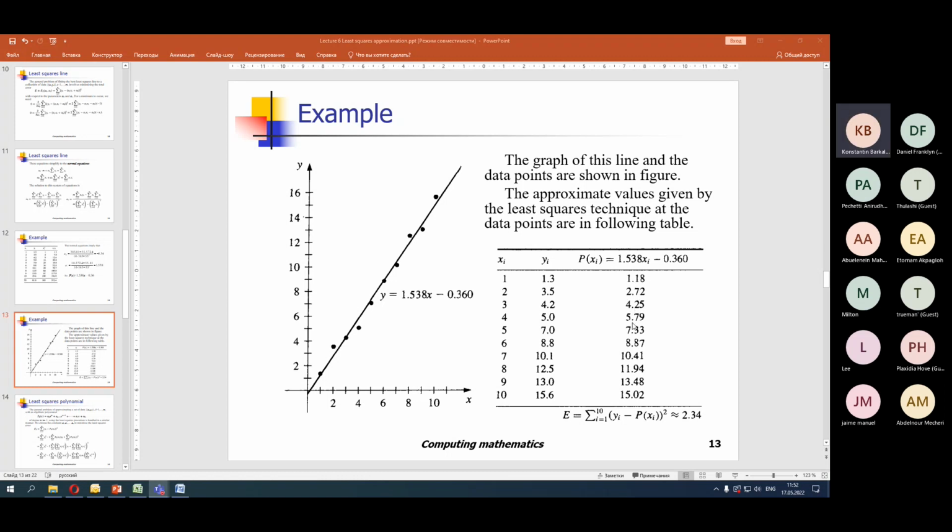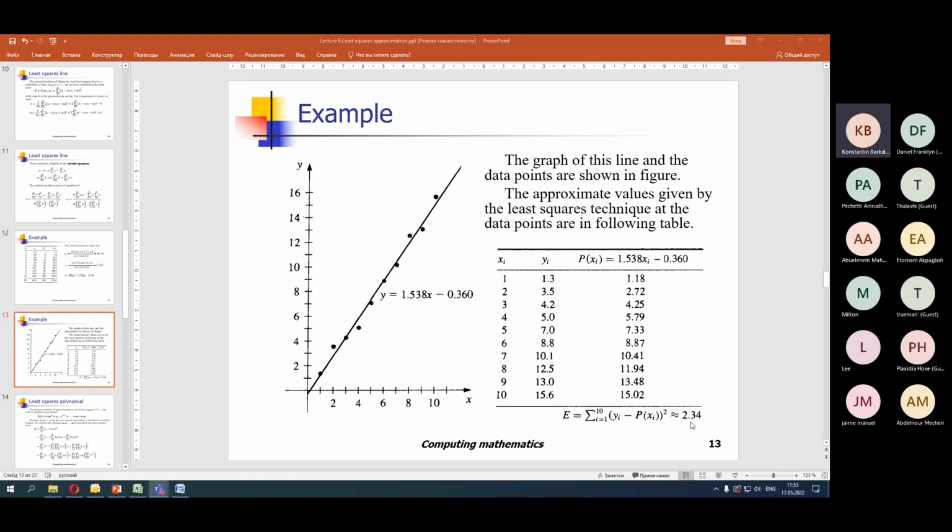And you see that in this case, the sum of the squares of the differences between the real value and the approximated value is 2.34.